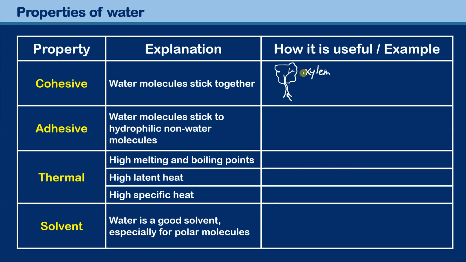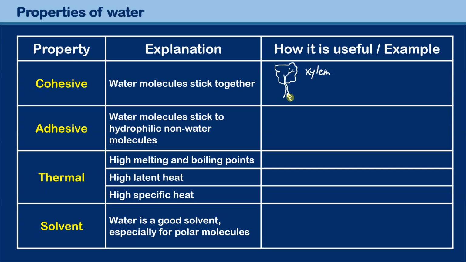So xylem vessels are very thin tubes that basically pull up the water. And as the water is pulled up, it pulls along other water molecules. And this is basically because of cohesive forces. The water column going up the tree does not break because the water molecules stick together.